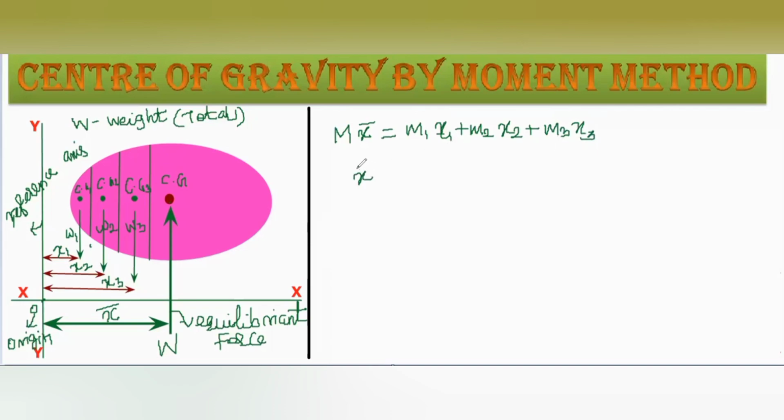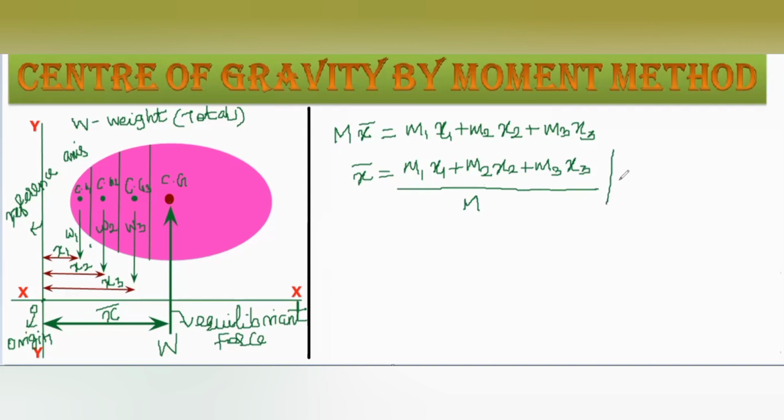So the x bar, if you want to calculate, equals m1 x1 plus m2 x2 plus m3 x3 divided by the total mass.